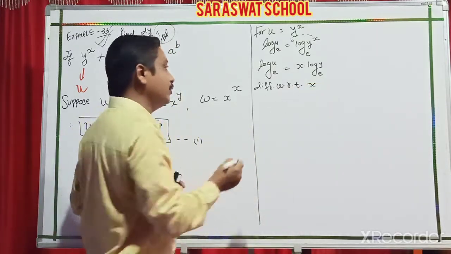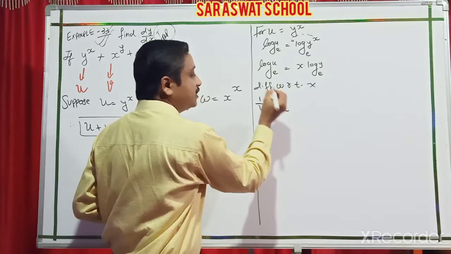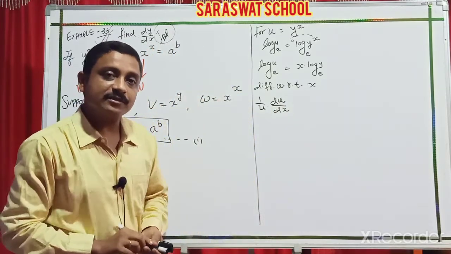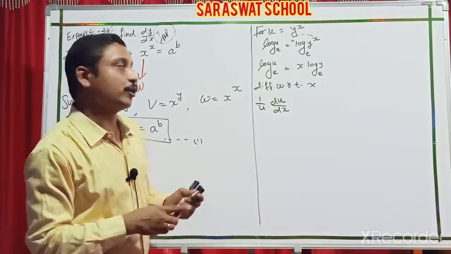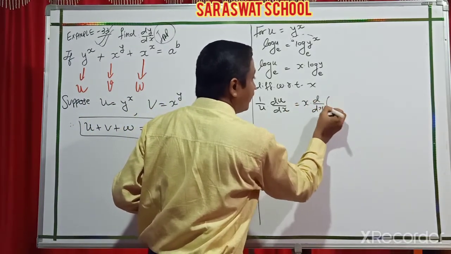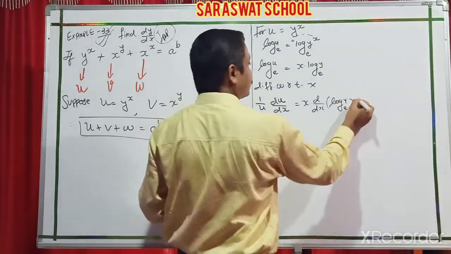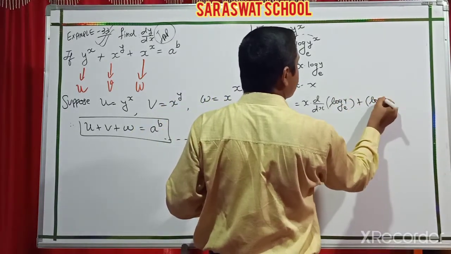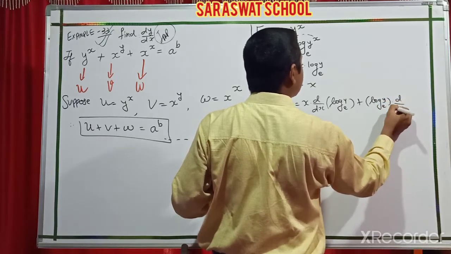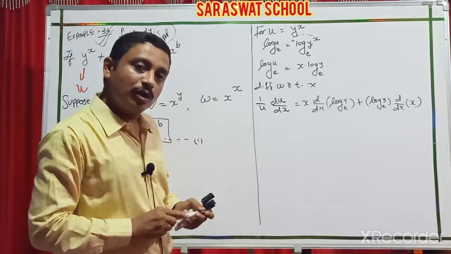The derivative of log u is 1 by u, and the derivative of u is du by dx, and here apply our product rule: first into derivative of second, plus second into derivative of first.